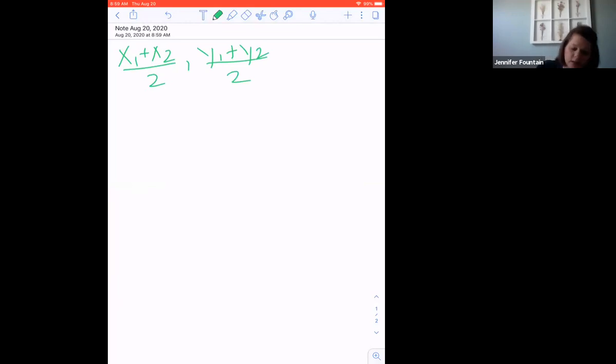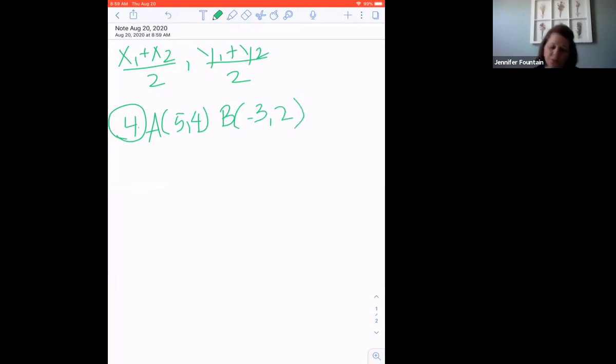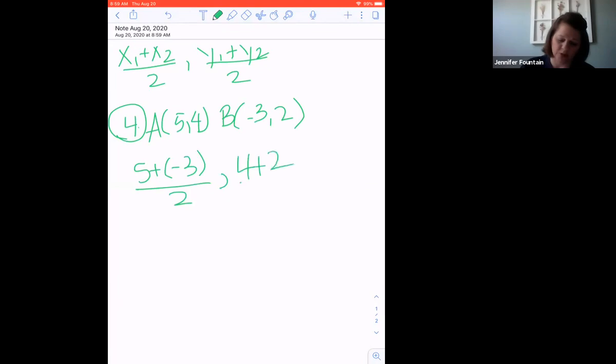Okay, so this is number 4. Our point A is (5, 4) and B is (-3, 2). So I'm going to plug in and have 5 plus -3 divided by 2, and then 4 plus 2 divided by 2.